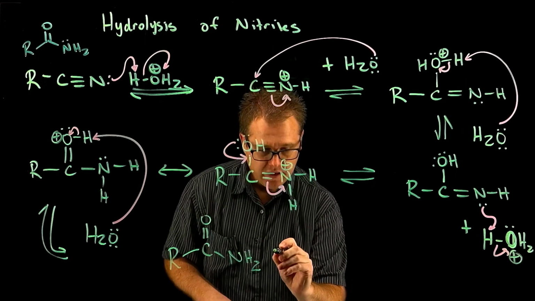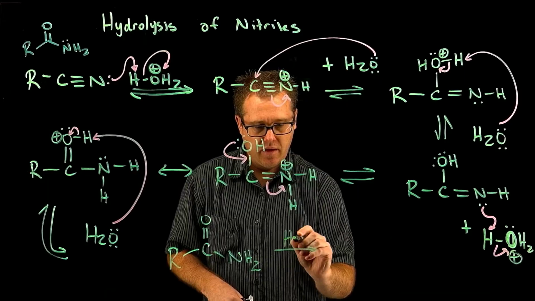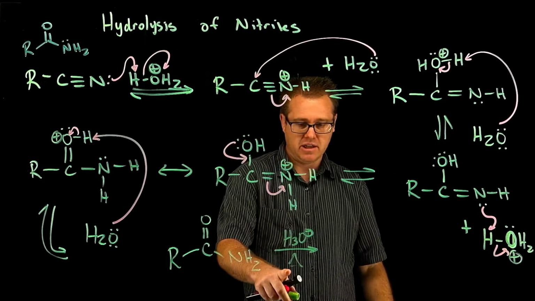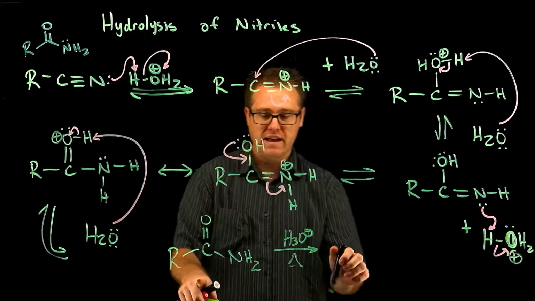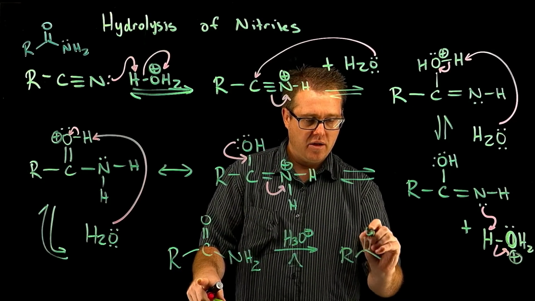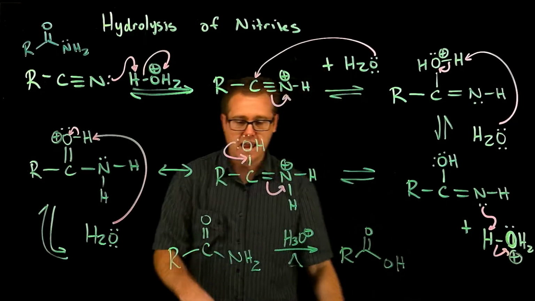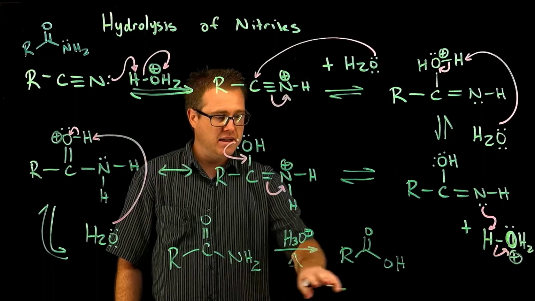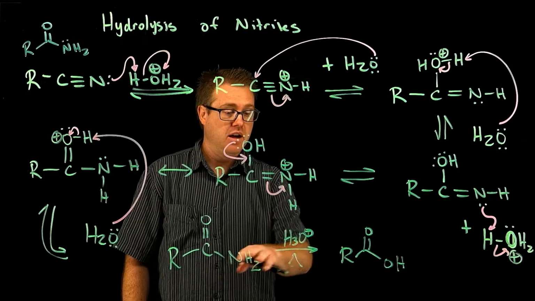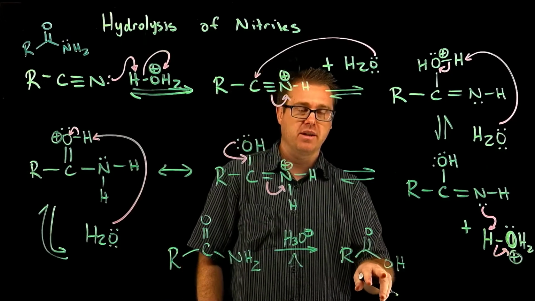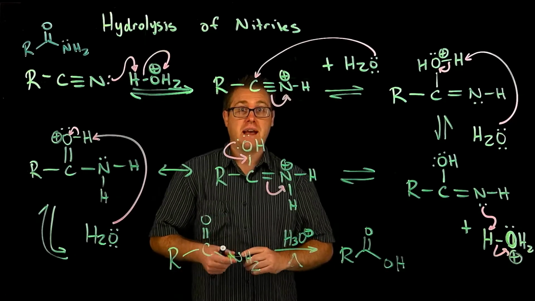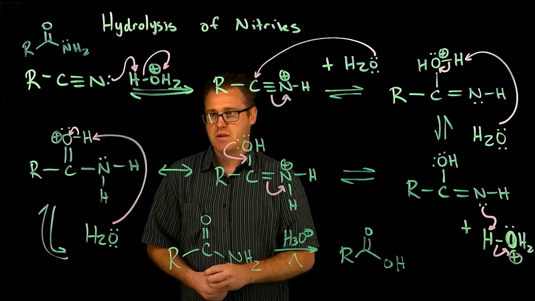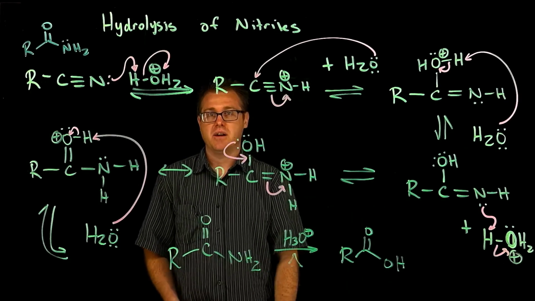Now if we continue on and allow this amide to react with the acidic conditions and some heat, we are going to convert that into a carboxylic acid. And we have already talked about this mechanism right here, going from an amide under acidic conditions to a carboxylic acid. So I'm not going to redo that mechanism, but make sure you know that one. Okay? So this right here was the hydrolysis of a nitrile.